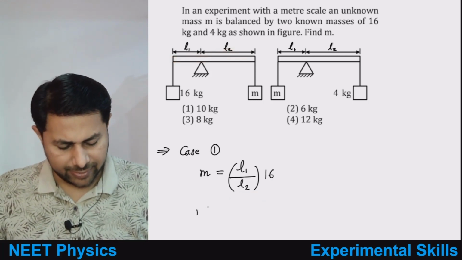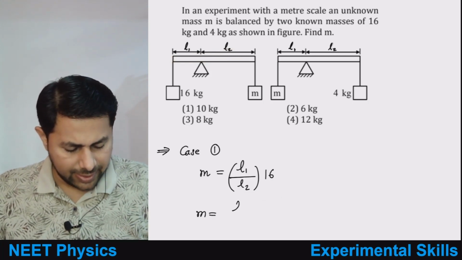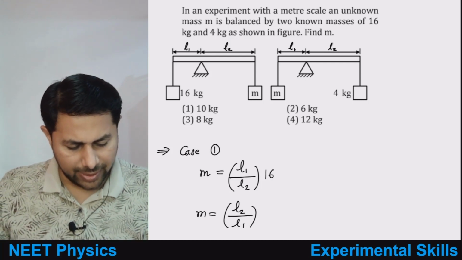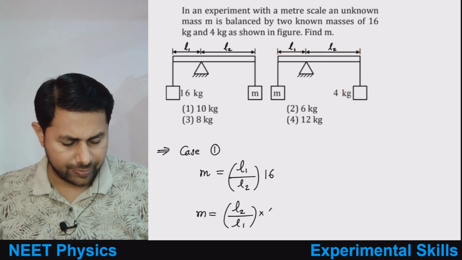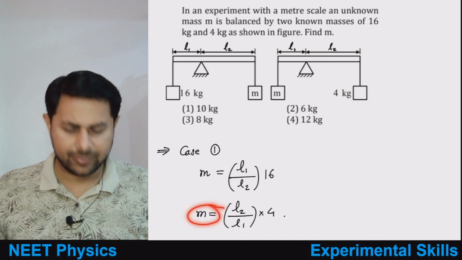And in the second case, what is m? In the second case, it's L2 by L1 times 4. So how can we find m then?